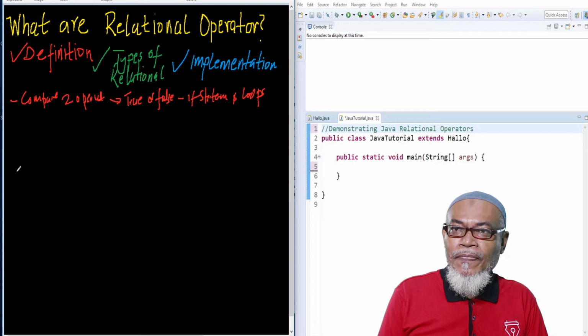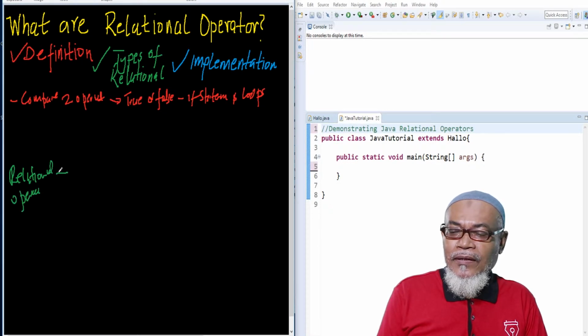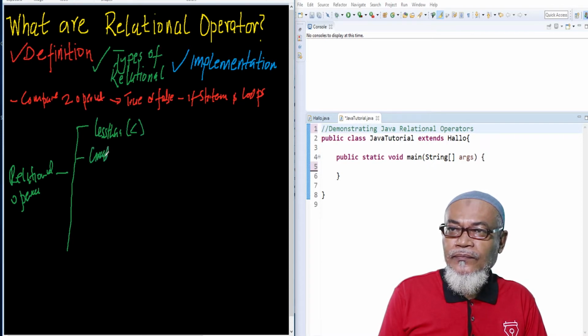There are around six types of relational operators, so let's see them one by one. The first one is less than, given by the symbol less than. The second one is greater than, with the greater than symbol.